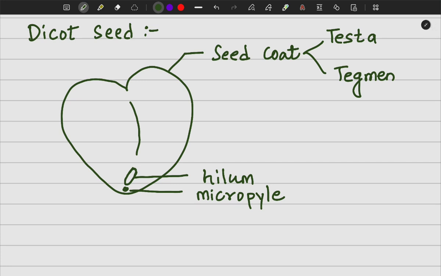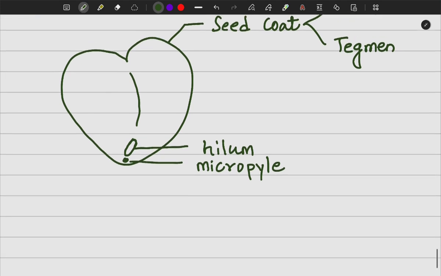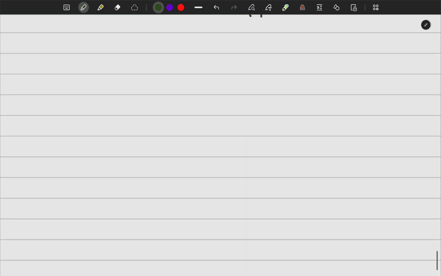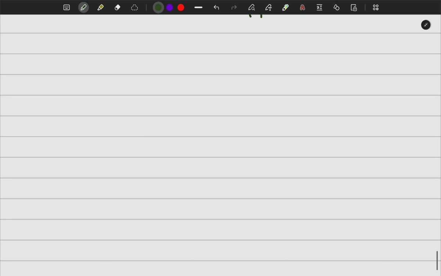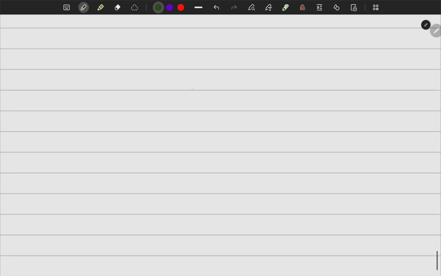Now within the seed coat we will find an embryo, and let us study about the structure of a dicot embryo and its various parts. So a dicot embryo has an embryonal axis.